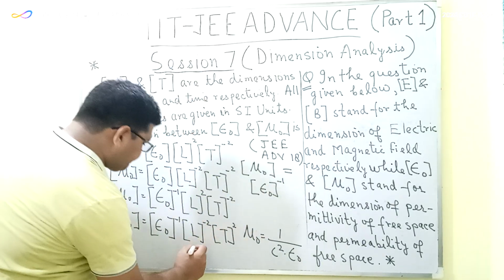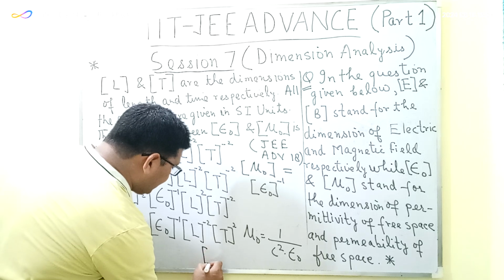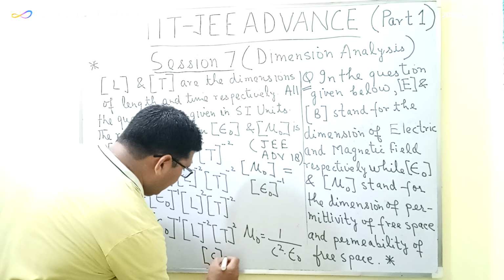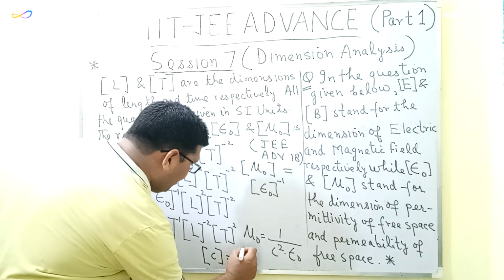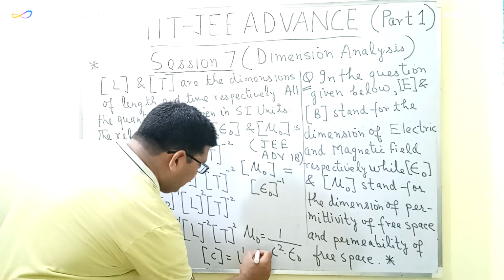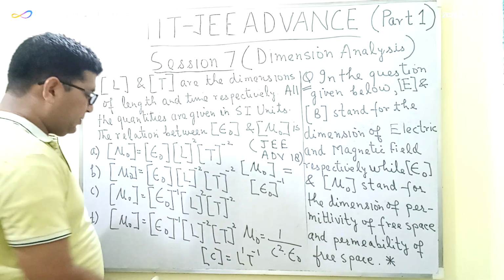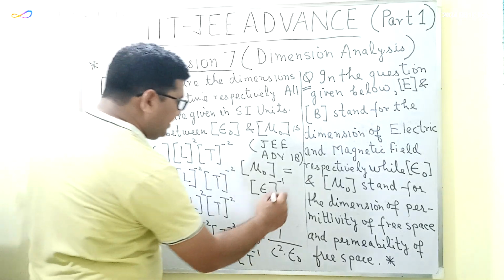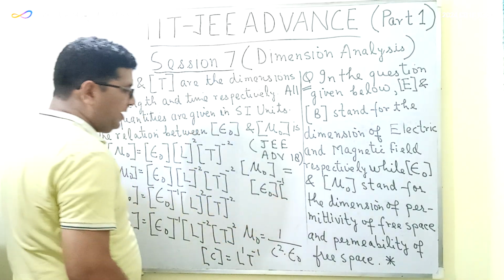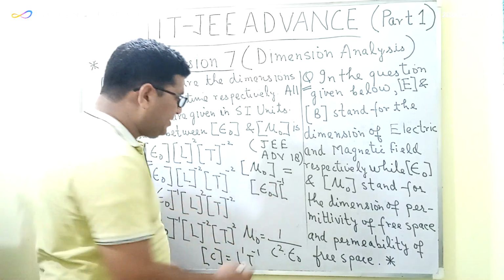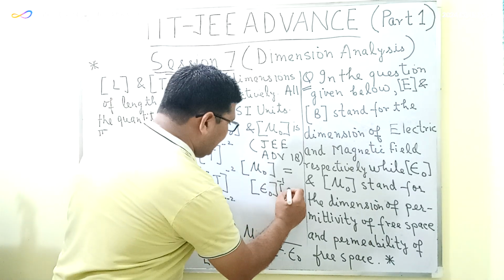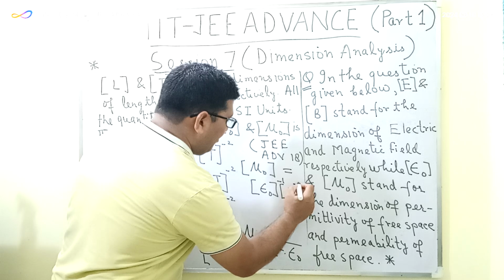Now the dimension of the speed of light is L^1 T^-1. So if this is C square, the dimension of C square will be L^2 T^-2, and since this is in the denominator, in the numerator I will write this as L^-2 T^2.